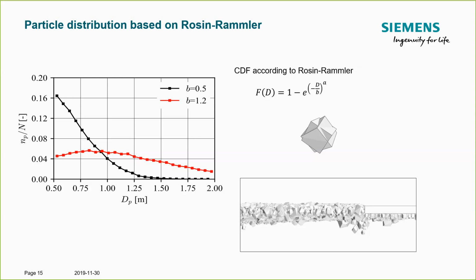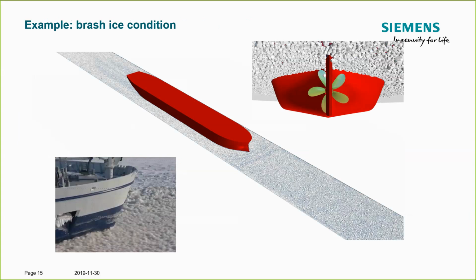The range of the particles, as I said, for this full-scale situation, vessel 280 meters long, is 0.5 to 2 meters. So before we dive into the plots and numbers and figures, this is basically the comparison between the brash ice field in StarCCM Plus, top perspective view and a view at the propeller, and then left-hand side on the bottom, you can see what we try to resemble.